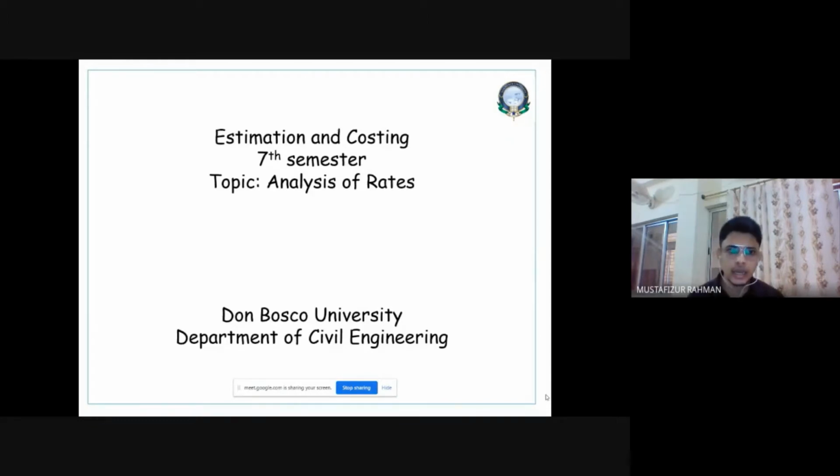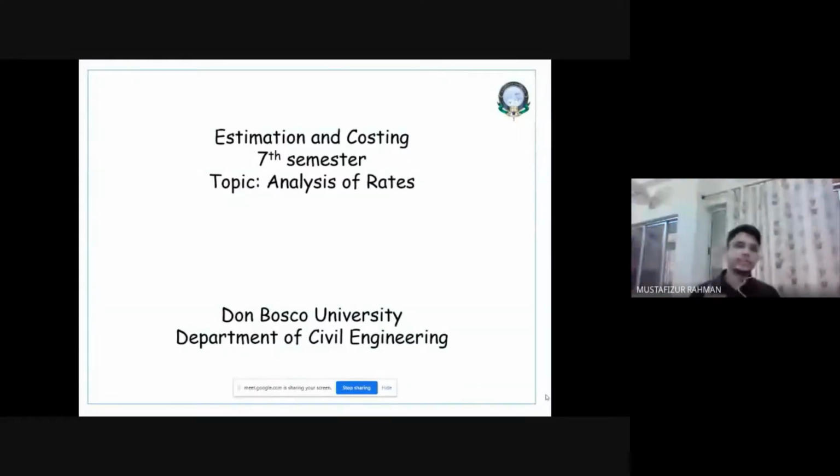So all these things affect the ultimate cost, the number of labors required, etc. For example, if we are doing something in a city, then we have the option of skilled people for our project, and we expect, say for example, one labor to lay 500 bricks in a day.